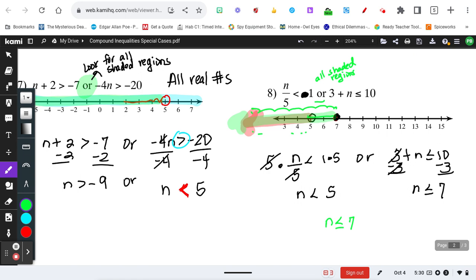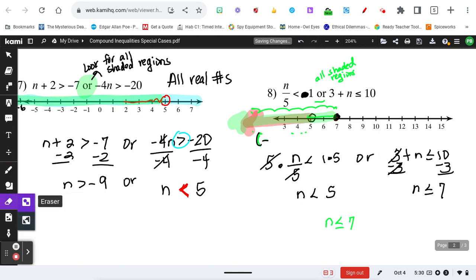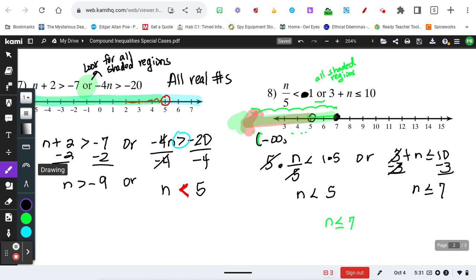So that would be, let me do this in black, negative infinity up to 7 with a bracket, okay? So that's the entire shaded region from 7 down to negative infinity, guys.